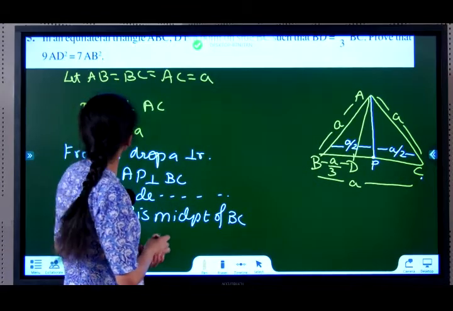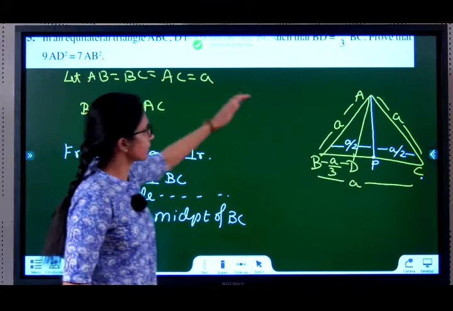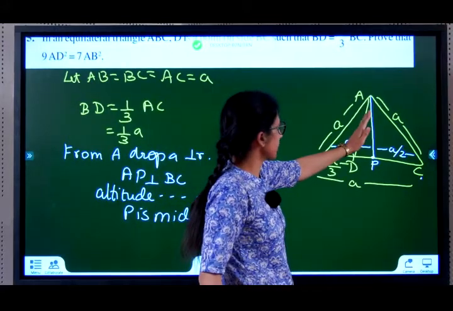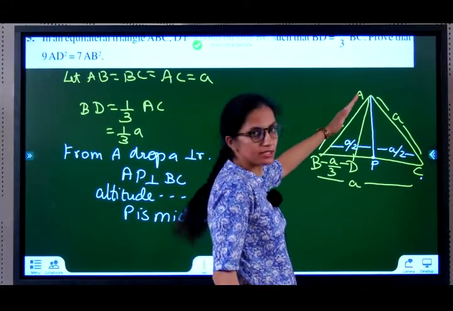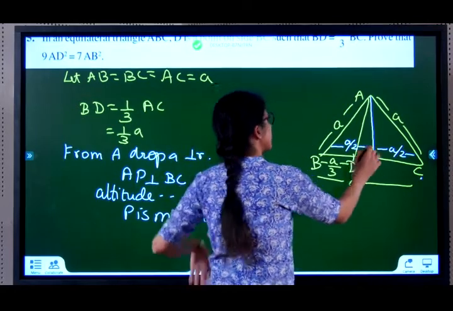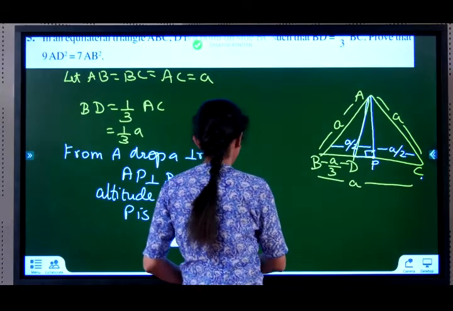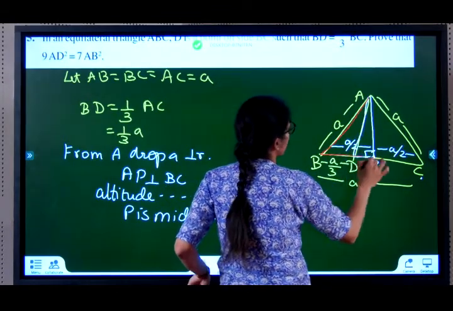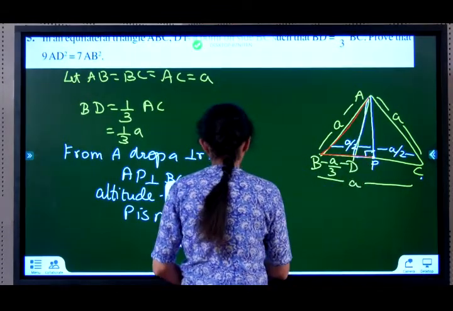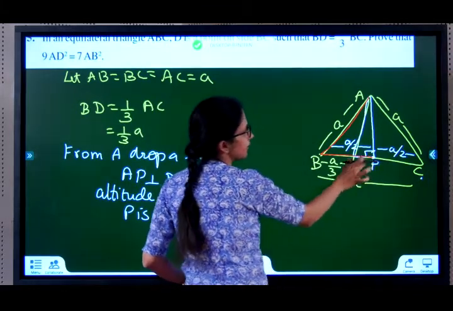Yes. So now in this question you want AD square and AB square. AD square belongs to this right angle triangle, AB square belongs to this right angle triangle. So these are the two right angle triangles that I will be taking. In order to take this right angle triangle I have drawn, I need this measurement DP.